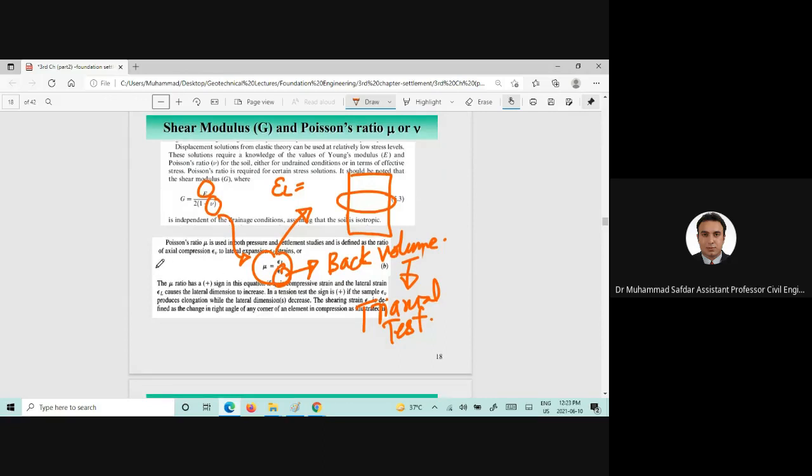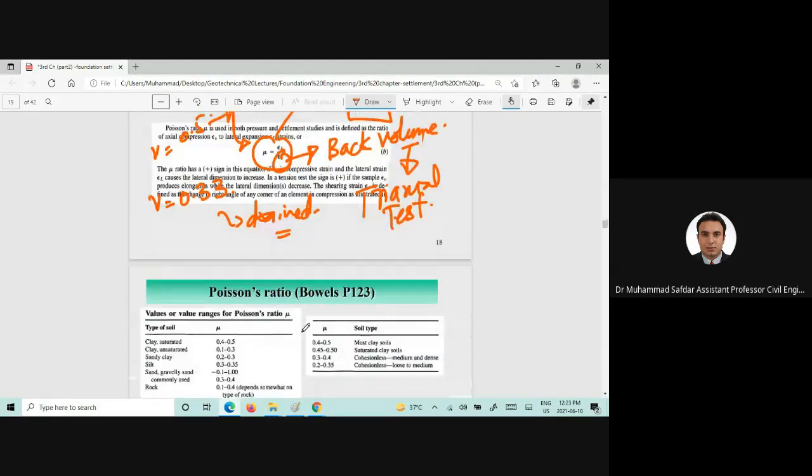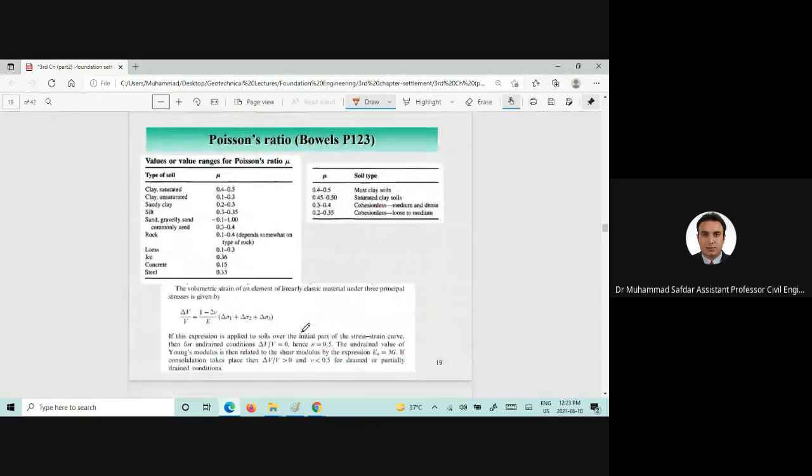But we can assume a mu value of 0.5 for undrained condition, and mu equal to 0.33 for drained condition, which is usually given in examples, problems, and assignments. Values or ranges of the Poisson ratios are also given by Bowles in the Bowles book.